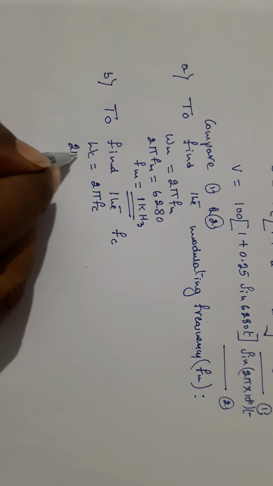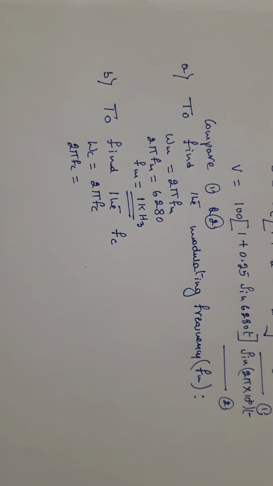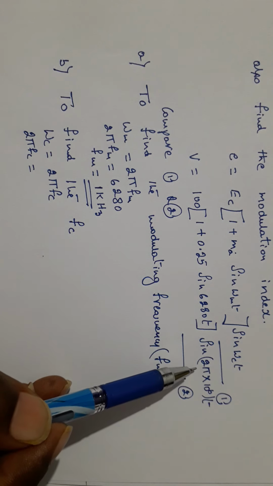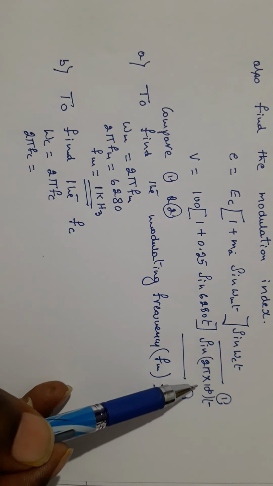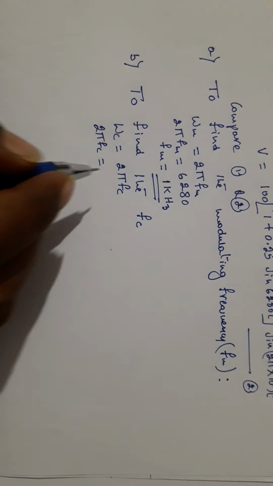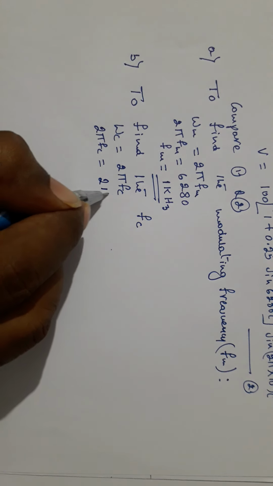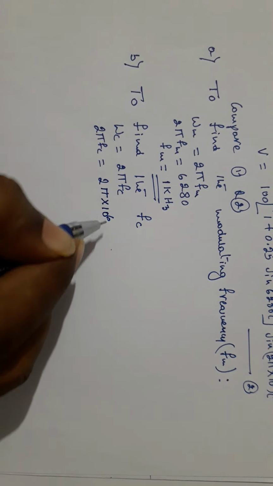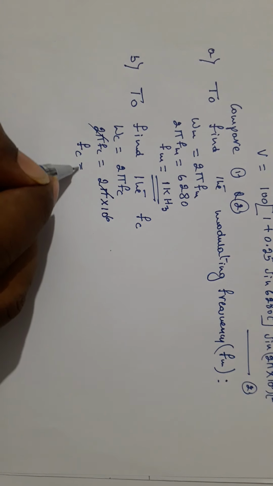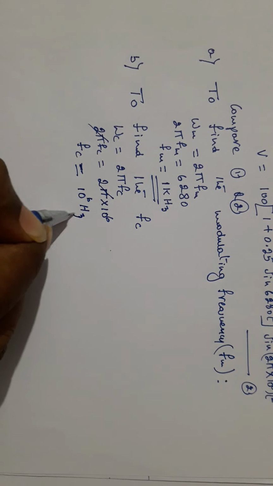In equation 2, omega c equals 2 pi into 10 raised to 6. Therefore, 2 pi Fc equals 2 pi into 10 raised to 6. Therefore, 2 pi cancels, and Fc equals 10 raised to 6 hertz.